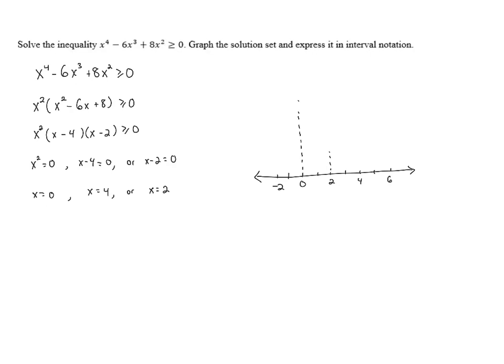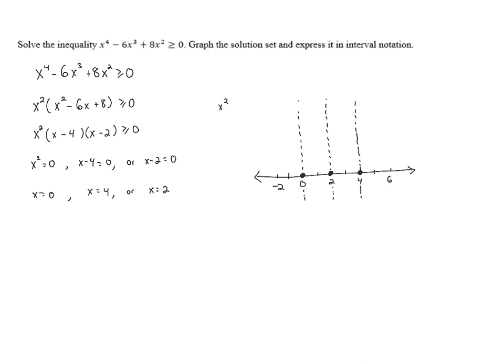Those are going to be our critical numbers, 0, 2, and 4. And because this is greater than or equal to, we're going to use closed circles on each of these. Now we need to put each of the factors on the left-hand side.